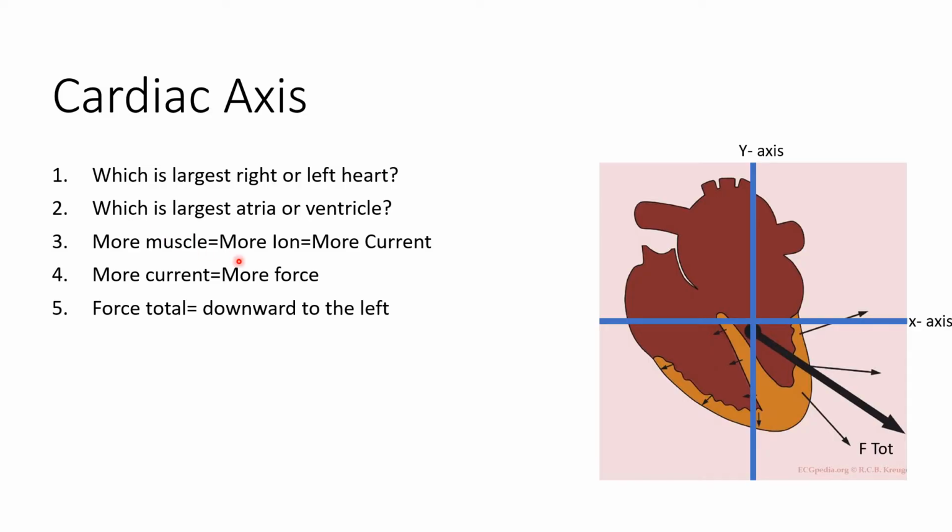More muscle means more ions, means more current. So more current equals more force. And if you measure the total overall force vector of the heart, you can detect a force moving downward and to the left, because the right ventricle is generating some counter force, but the overall net detected force is moving downward and to the left.